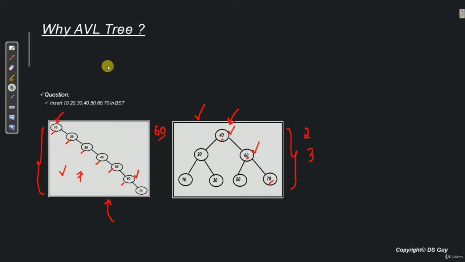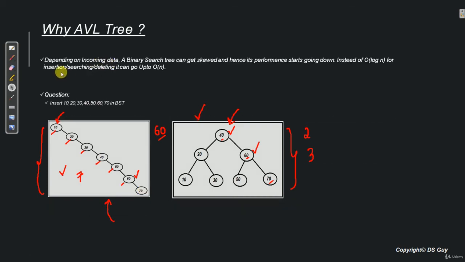Now the same thing is also told in these notes, which says depending on incoming data, a binary search tree can get skewed, which we saw in this case. And hence, its performance starts going down. Instead of order log n for insertion, searching and deletion, it starts taking order of n time, which we saw again in case 1.